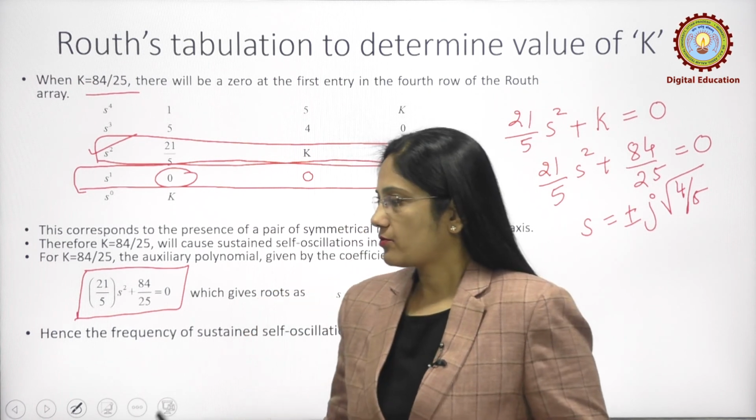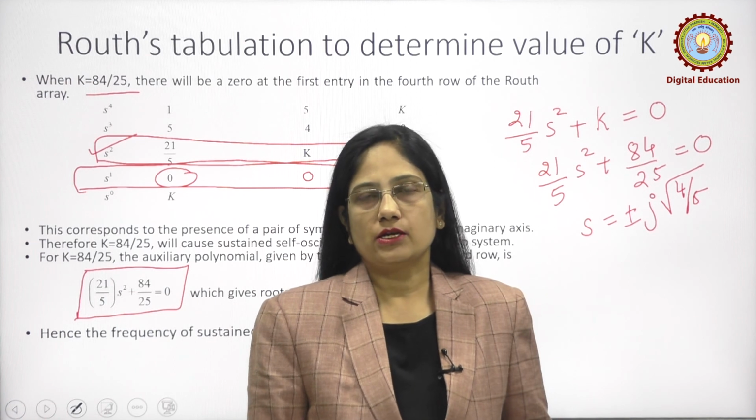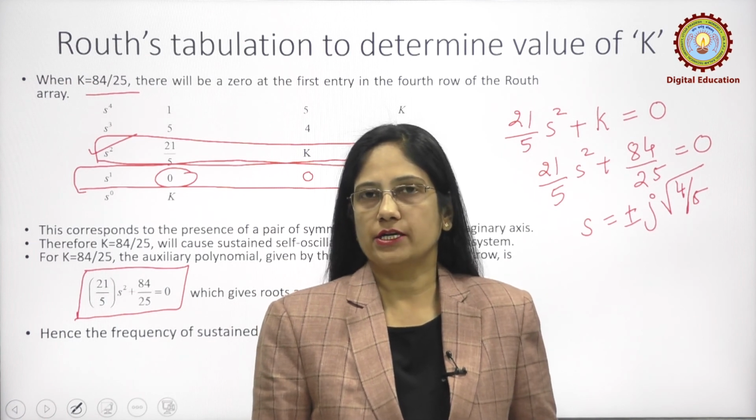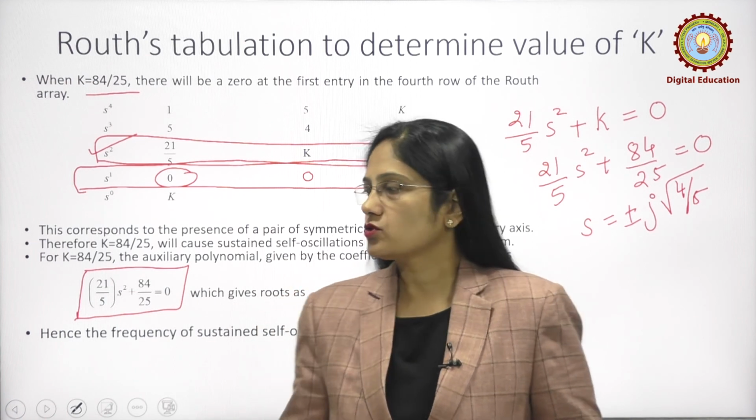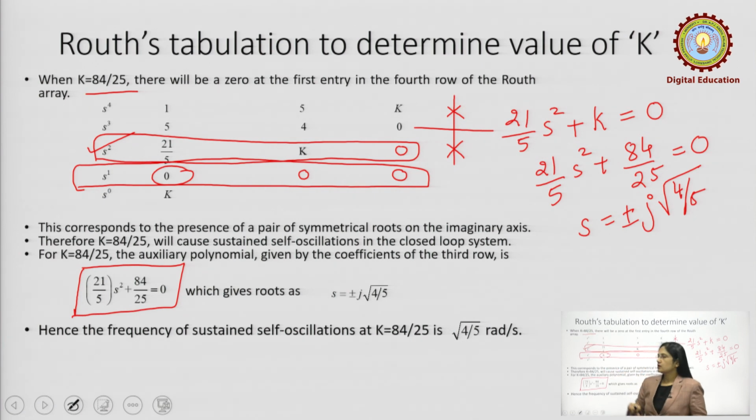We have determined the roots of the polynomial for this value by the auxiliary equation. So there are two roots lying on the j omega axis, and the system is marginally stable for the value of k equal to 84 by 25.